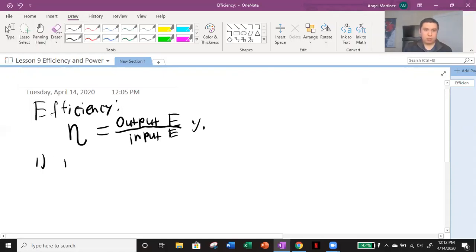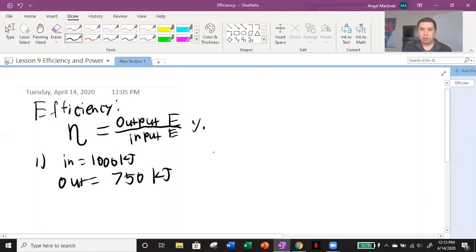Let me write it down. In was 1,000 kilojoules, and out was 750. So efficiency equals 750 divided by 1,000.